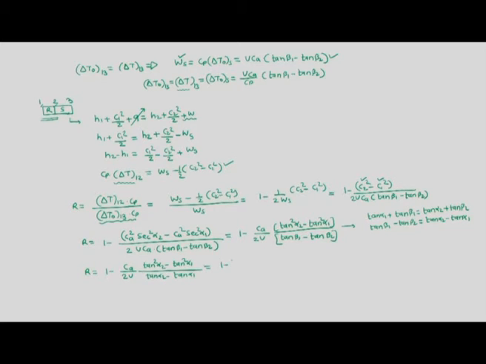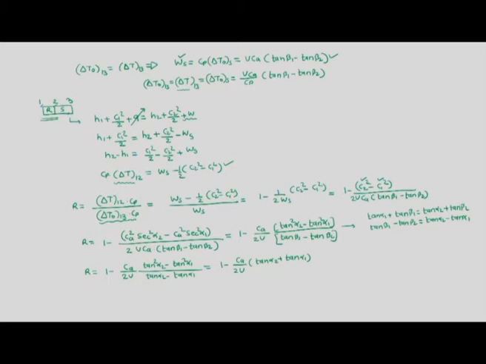So, we get 1 minus Ca upon twice U into tan of alpha 2 plus tan of alpha 1. So, this is our formula for R.